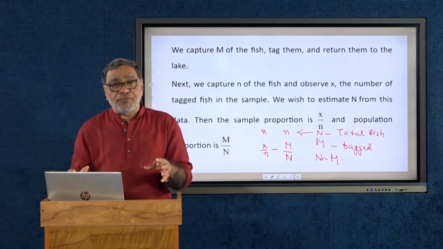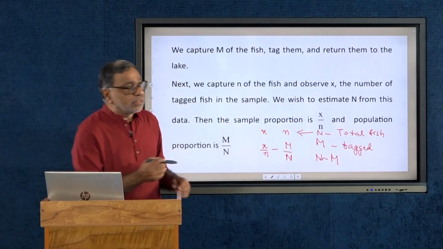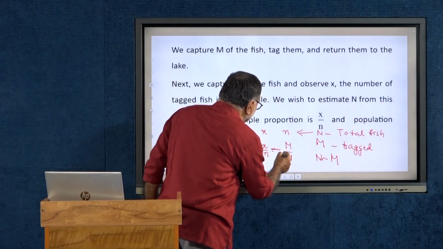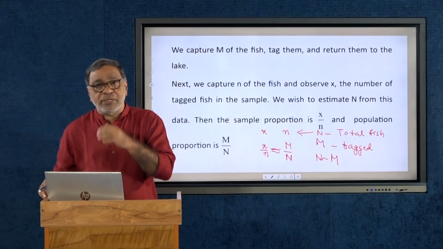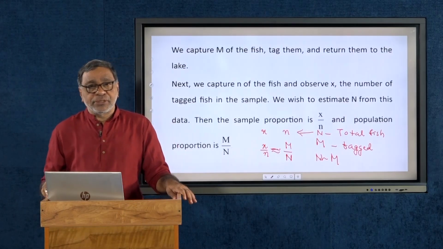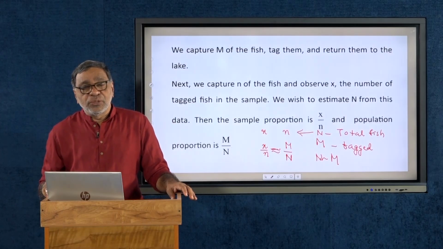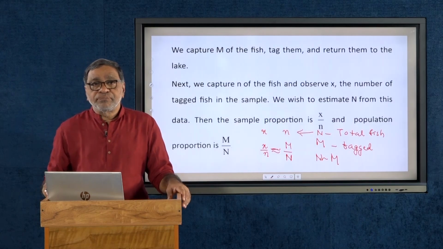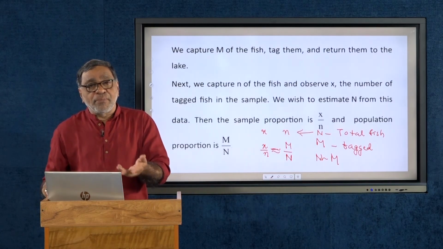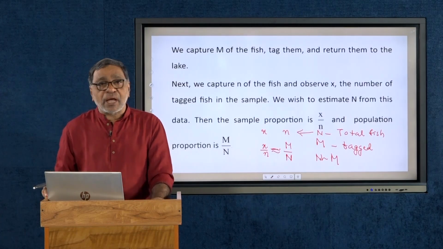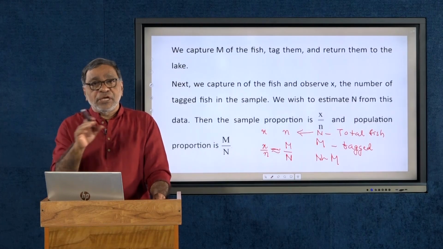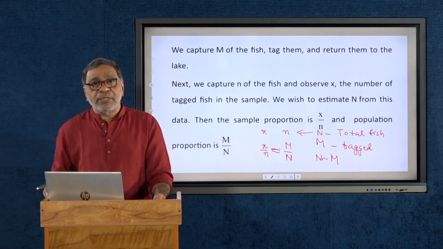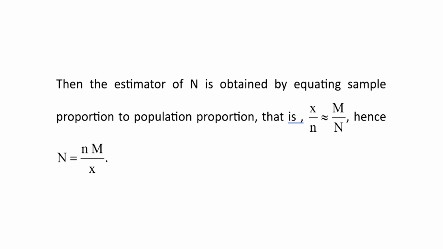So we approximate these two: the sample proportion is approximately equal to the population proportion, x divided by n is approximately equal to M divided by N. Our problem is to find capital N. The estimator of N is obtained by equating the sample proportion to the population proportion.